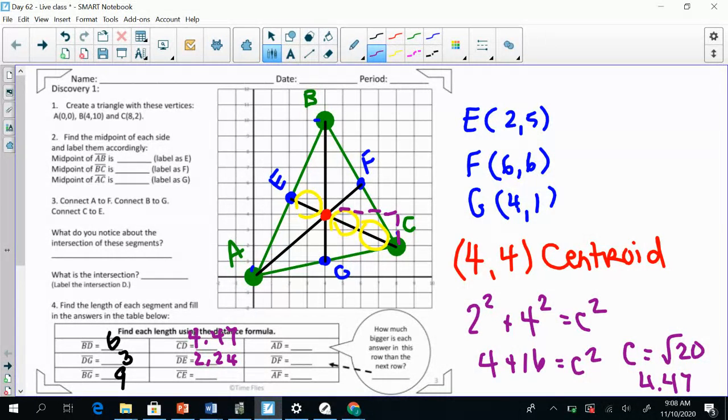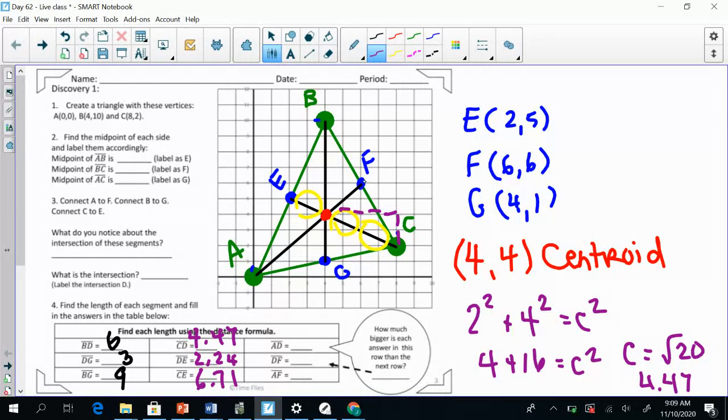Now, obviously, these are rough estimates because it's not a nice, neat number. We just rounded to our hundredths place. But if we added those together, we should get 6.71. So the whole thing is 6.71.